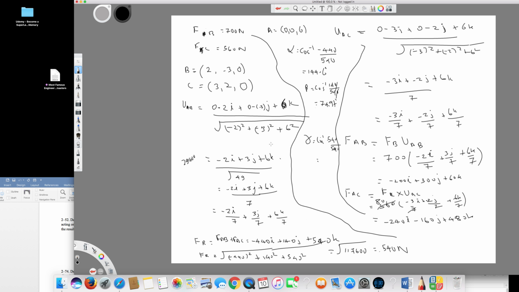I can't believe this. 480 plus 60, 540. The k component gives 0 degrees.